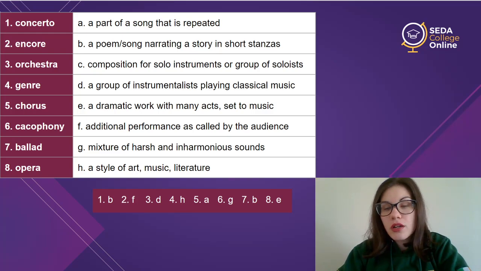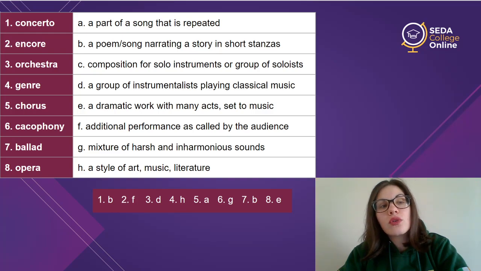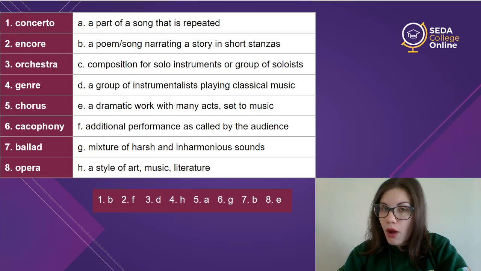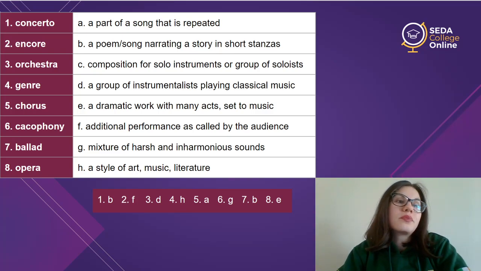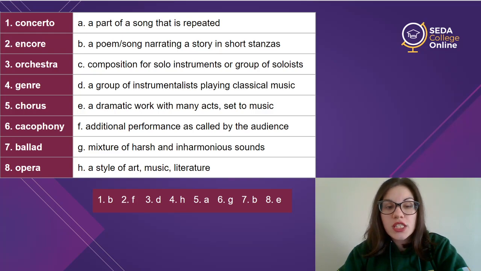That's a very common word, not only in music as you see, we can talk about different genres in literature like novels and poetry and science fiction. And of course we have different genres in music like jazz, pop, rock, etc. The next word, chorus, as you see, it's the part of the song that is repeated, the main part if you want, that will be repeated 3 or 4 times in a song.